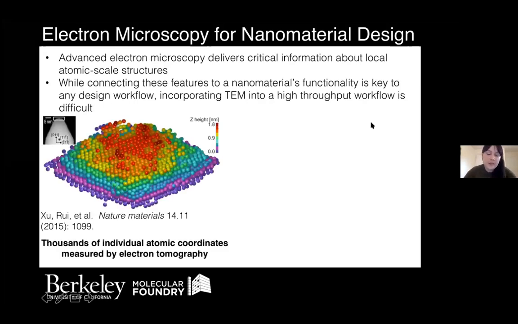So as an example of the kind of information streams that we can get from electron microscopes, I'm showing some of my previous work from my PhD, where using electron tomography and studying tungsten, we were actually able to localize thousands of individual atomic coordinates in X, Y, and Z using electron tomography with precision on the order of tens of picometers.